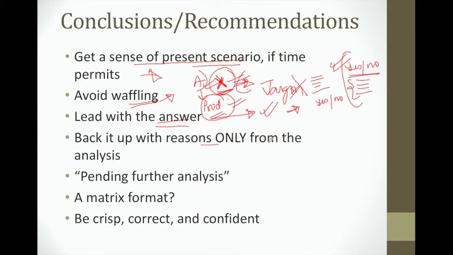Now, back it up with reasons only from the analysis. There might be a temptation, specifically if you come from a certain kind of background and your case is dealing with something that you have already done in the past. Avoid using those points. I would suggest that you don't use them at all, but there are people who can smartly use their background, but it should not be the basis of your recommendation. The first three reasons for which you are saying a yes or a no should essentially come from the analysis.